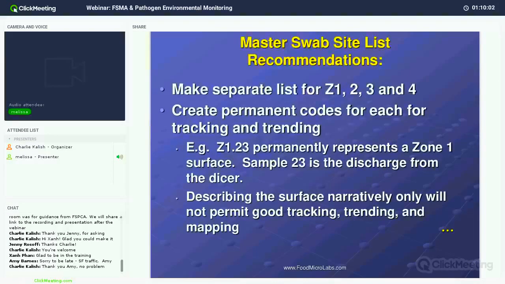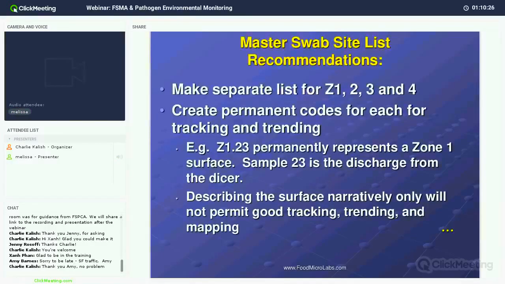So for example, a manufacturer often codifies a sample site as Z1.23, and that's always and forever going to be a zone 1 surface, and it's sample number 23 of the food contact surfaces, always going to be the discharge surface from the dicer, for example.